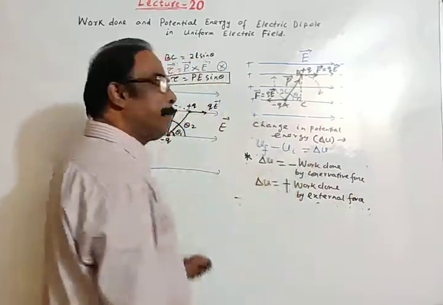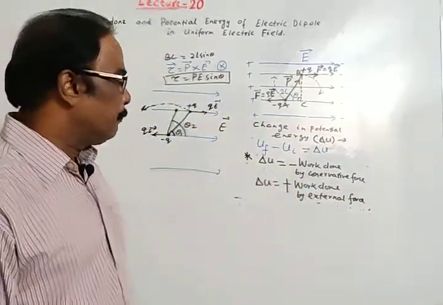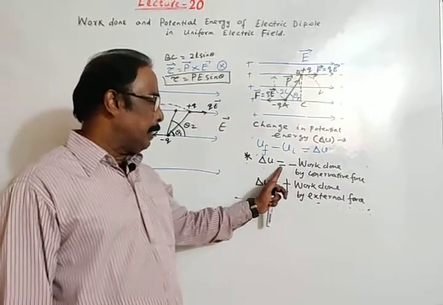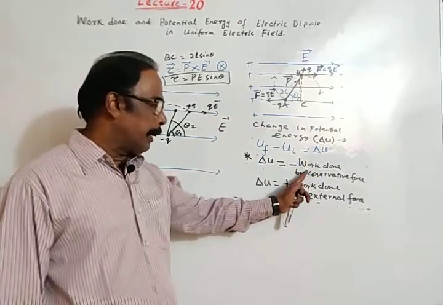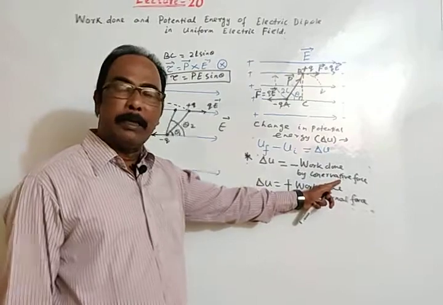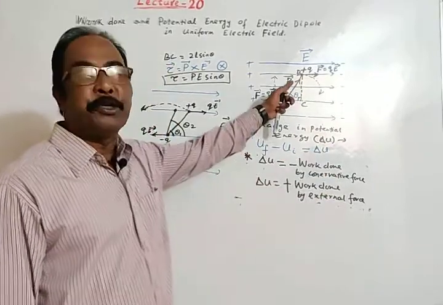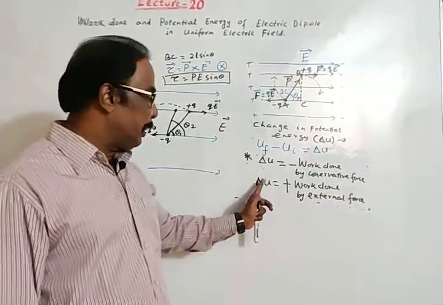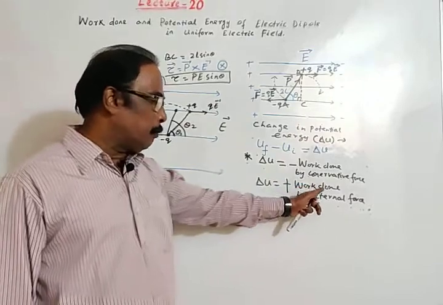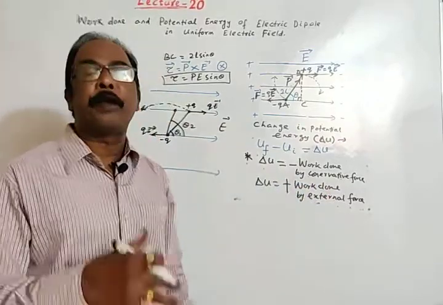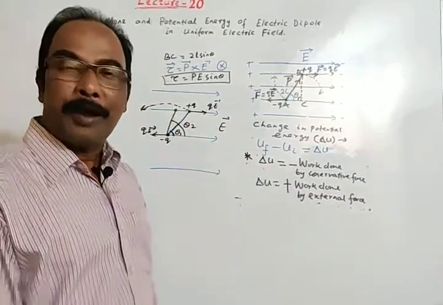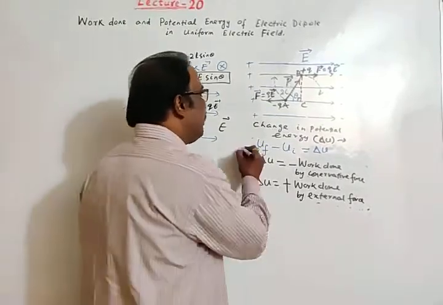Or here, for rotational motion, change in potential energy is the negative of work done by the conservative force, due to which torque is produced. Change in potential energy is equal to the positive work done by the external force, due to which torque is produced. Very, very important.